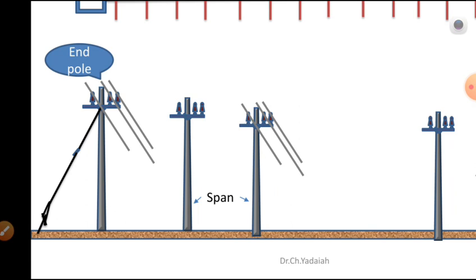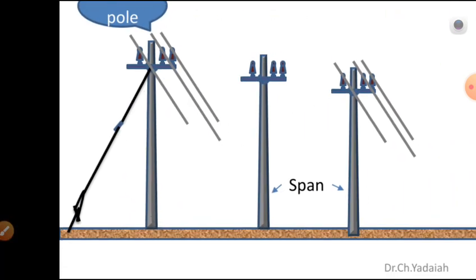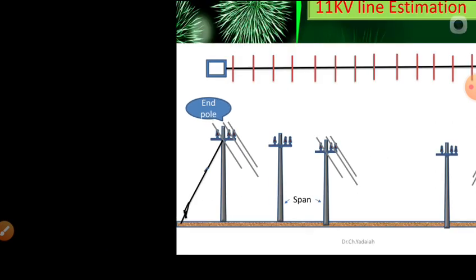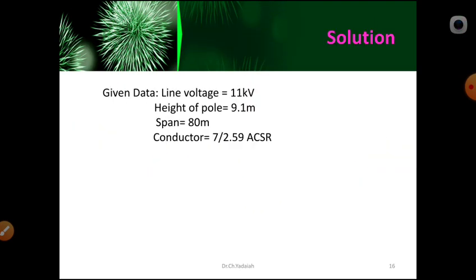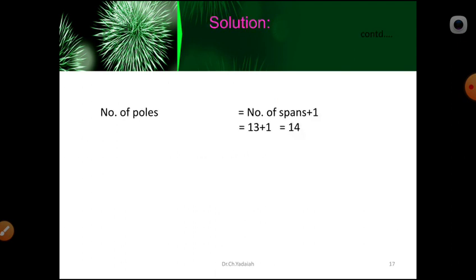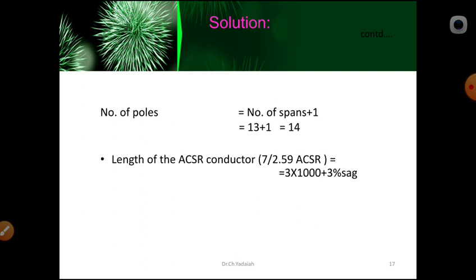Total spans are 2, but the poles are 3. That's why the number of poles is span plus 1. We calculated 13, plus 1 gives 14. So a total of 14 poles is required.